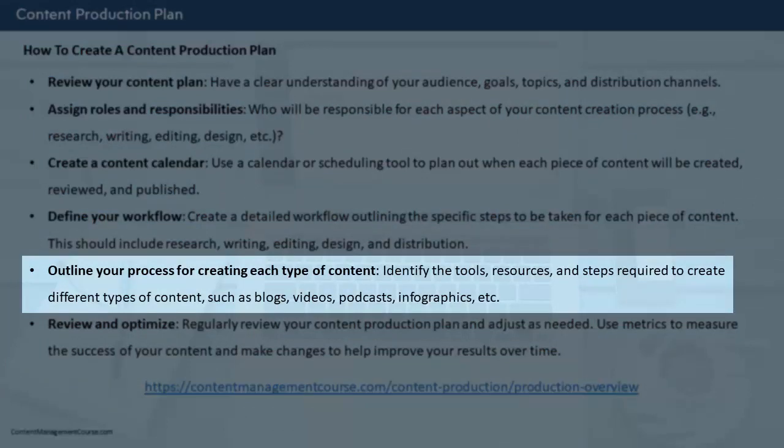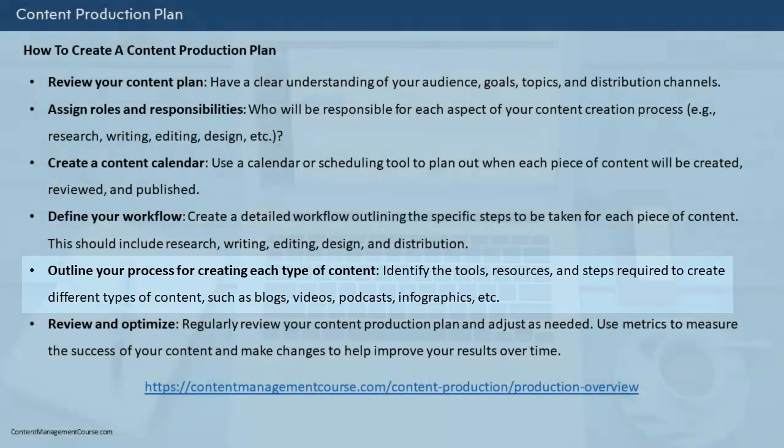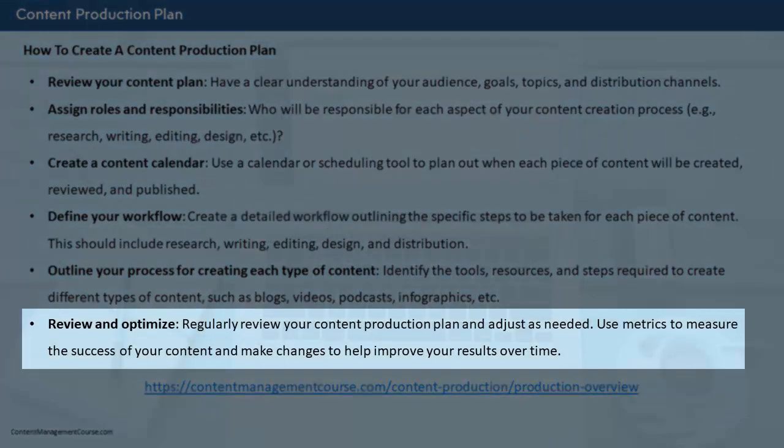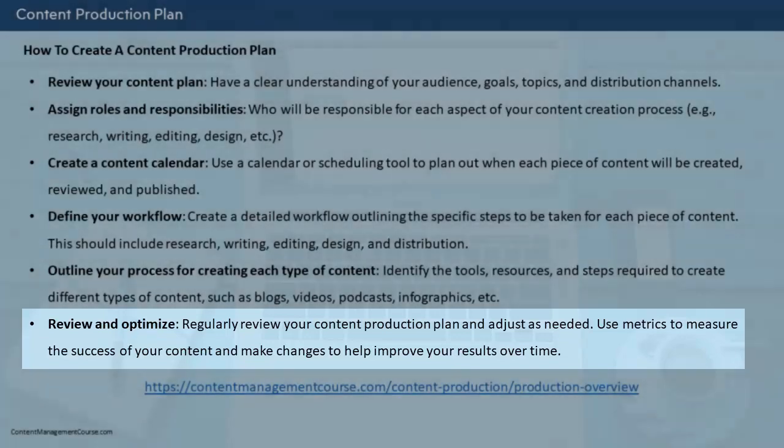Identify the tools, resources, and steps required to create different types of content, such as blog posts, videos, podcasts, infographics, etc. And finally, review and optimize. Review the content production plan regularly and make adjustments when needed. Use the metrics defined in your content plan to measure the success of your content and to make changes that will help to improve your results over time.